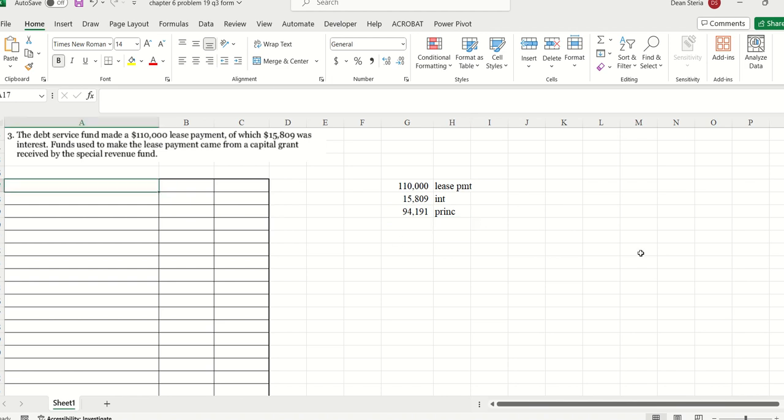So we're going to start off in the Special Revenue Fund. We received cash from the grant, and it's revenues for 110.